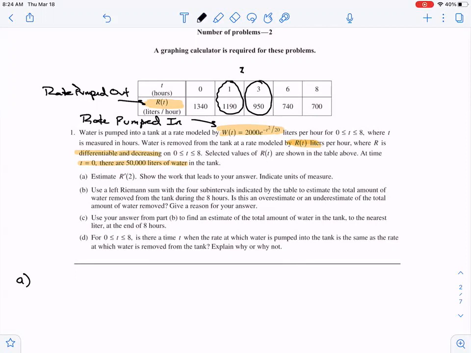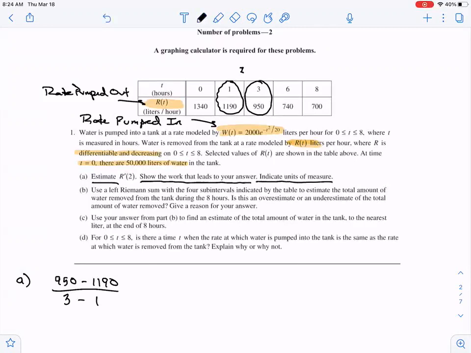So it's going to be 950 minus 1190 over, because I started with the 950, my denominator is going to be 3 minus 1. Stopping right there, that's a numeric answer. Now, there's my estimate. There's the work that leads to my answer.